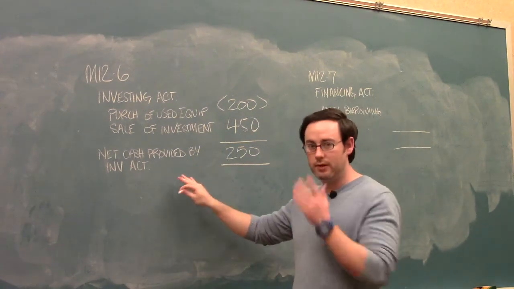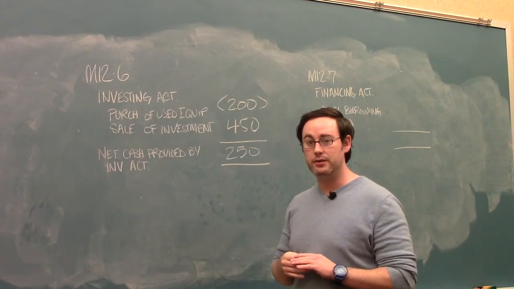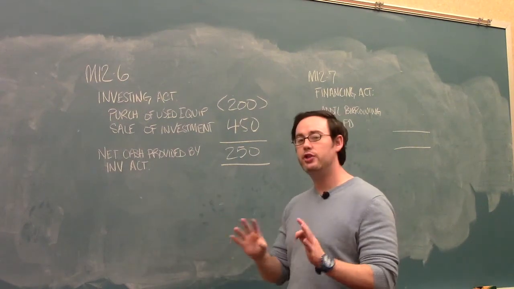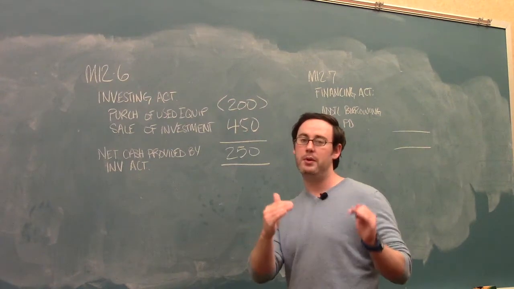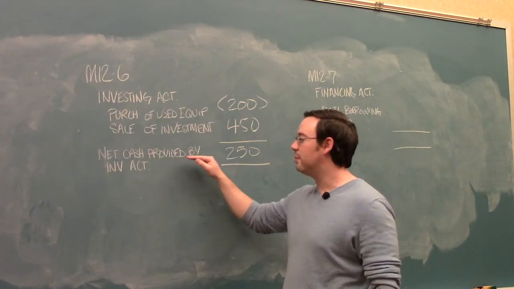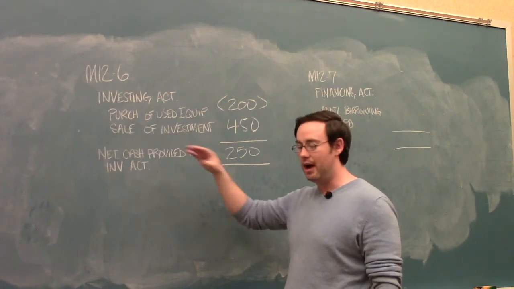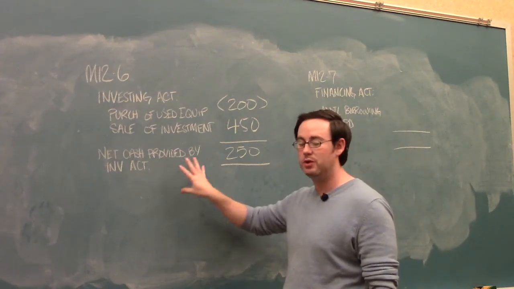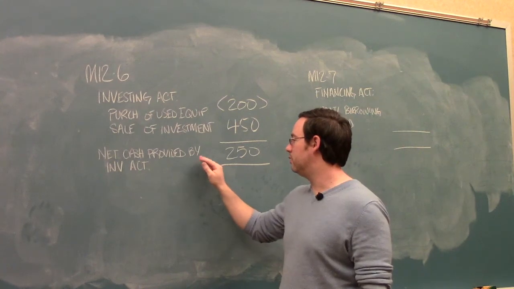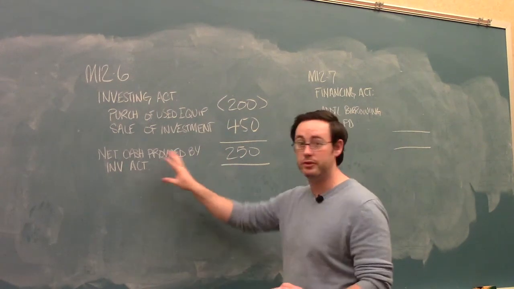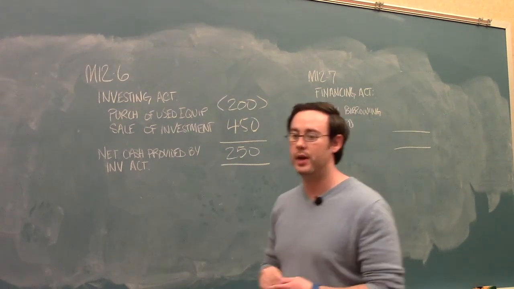This is not my choice of words. This is the format of the cash flow statement. You need to have at each subsection total, operating, investing, and financing, net cash provided by or used in whatever the activity is. So those are your subtotal labels that you would put for each subtotal of the section.